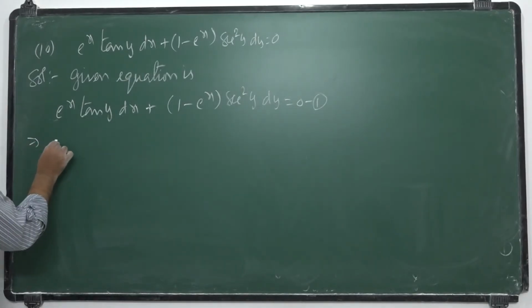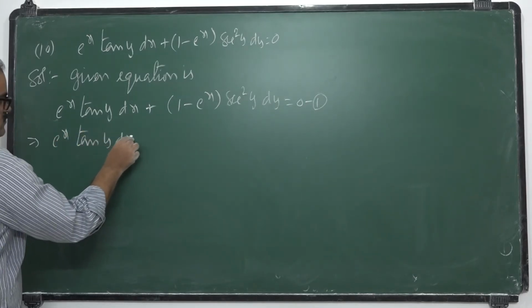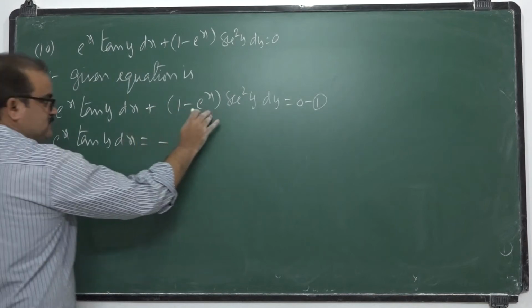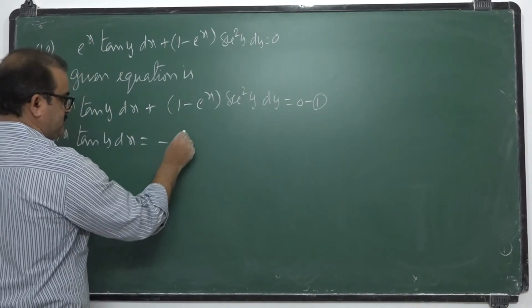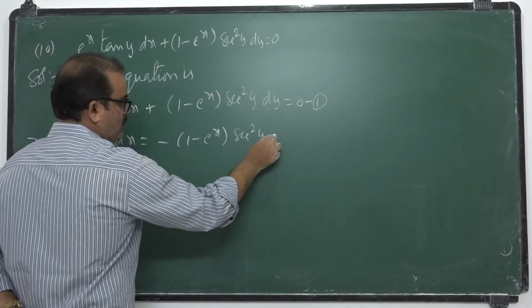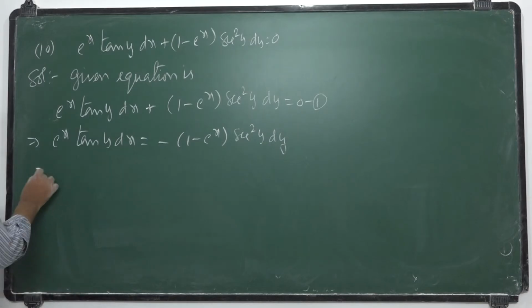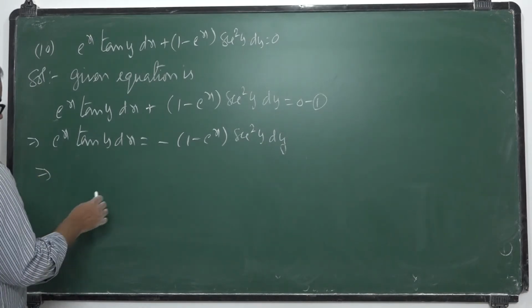Now write this as, take this second term to the right hand side, into dy. Now separate the variables.